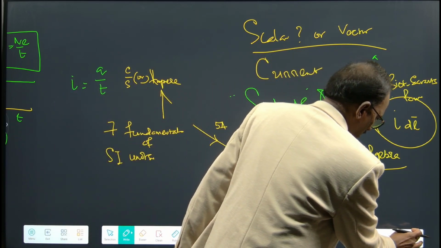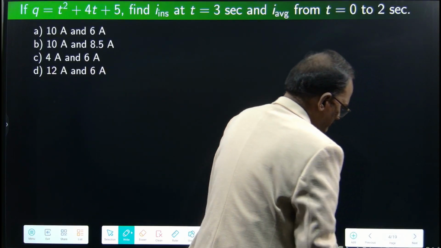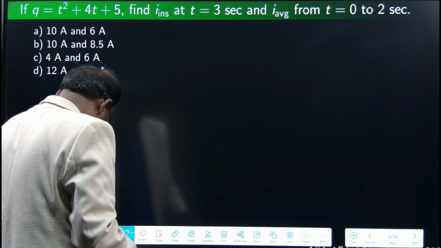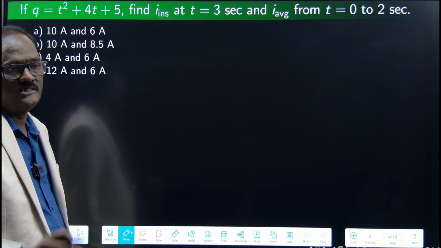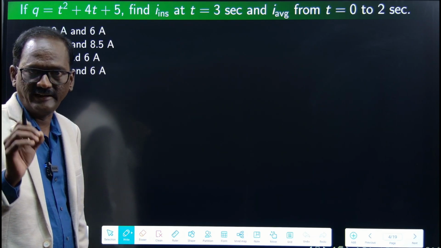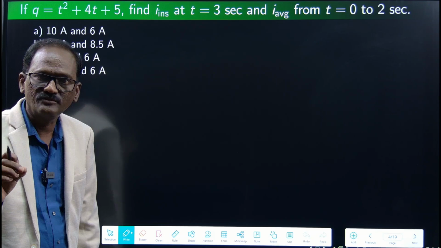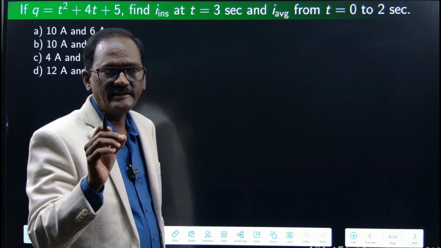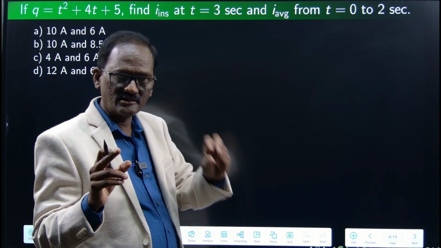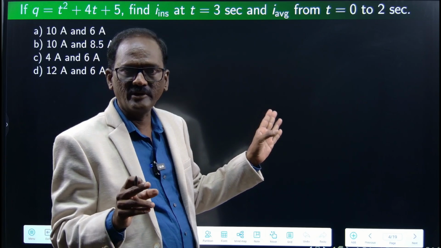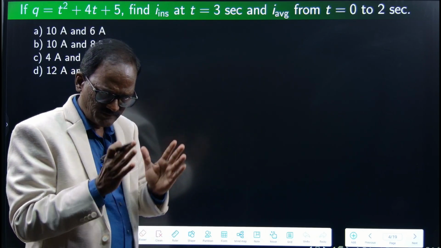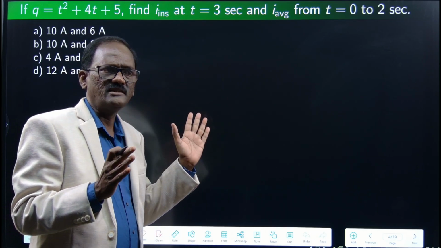So we will solve some numericals using the three formulas. I is equal to Q by T or NE by T. I average is equal to delta Q by delta T. I instantaneous is equal to dQ by dt. I am going to use these three formulas in a few numericals.